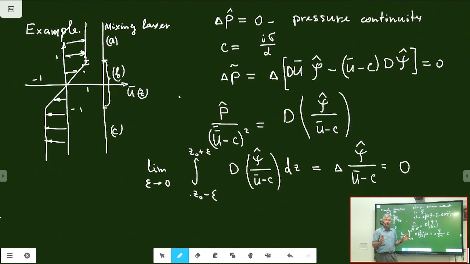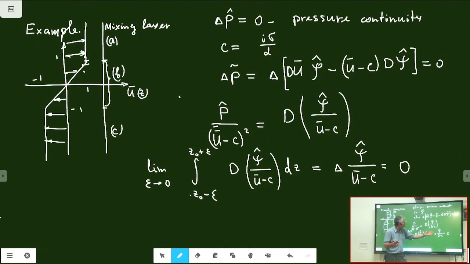Is that clear? Right? So basically what we've done here is we realized that we have two unknowns rather than one, so we had to have a second equation. Then we realized that the pressure equation can be written in this form. Then we realized that we can integrate it. And if we integrate the right-hand side, it is just directly that. But if we integrate the left-hand side, we don't know what that is algebraically, but we know in the limit it has to be 0.